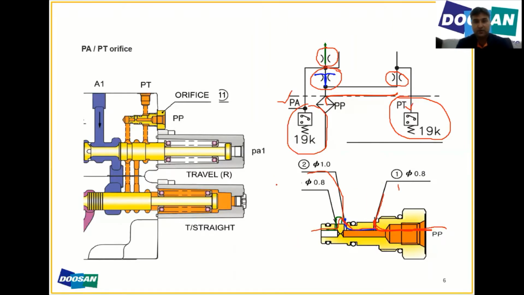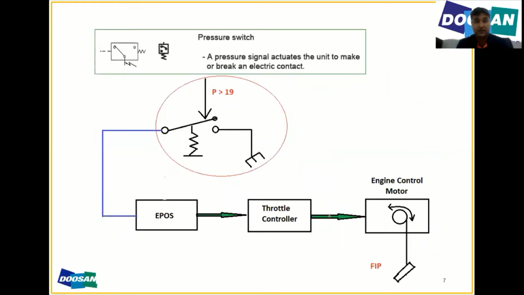Now before going onward, let's discuss the pressure switches. What is a pressure switch? A pressure signal actuates the unit to make or break an electric contact. Here you can see this is the pressure switch.